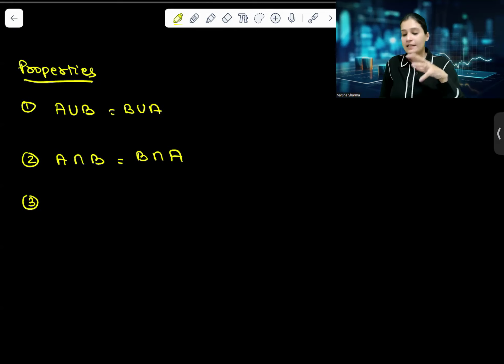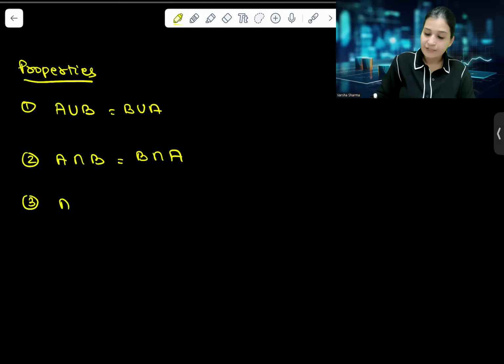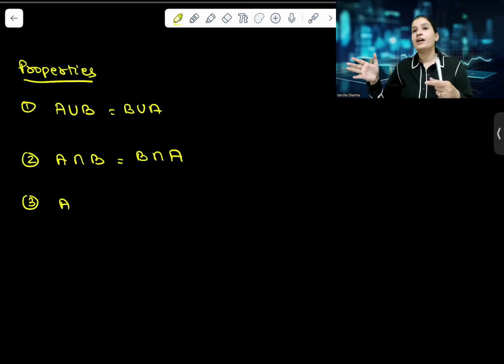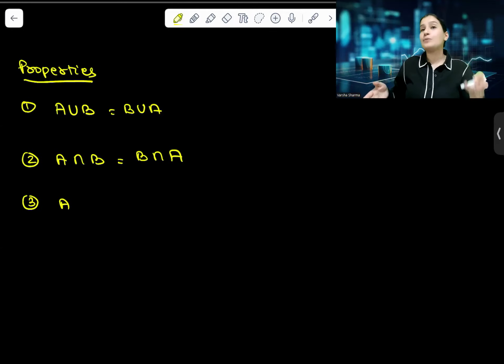Agree? Then we have associative. Associative says bracket. 2 plus 3 plus 4. Whether I do 2 plus 3 and then add 4, or I do 3 plus 4 and then add 2. I'm not changing the position.